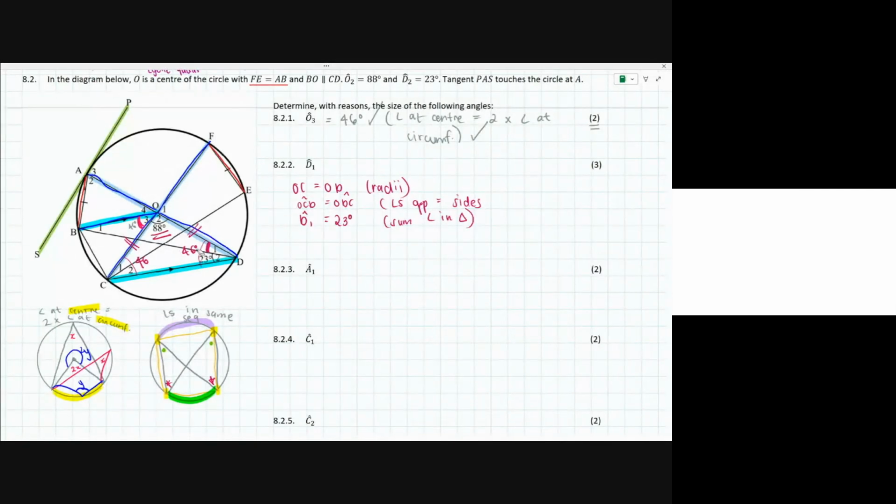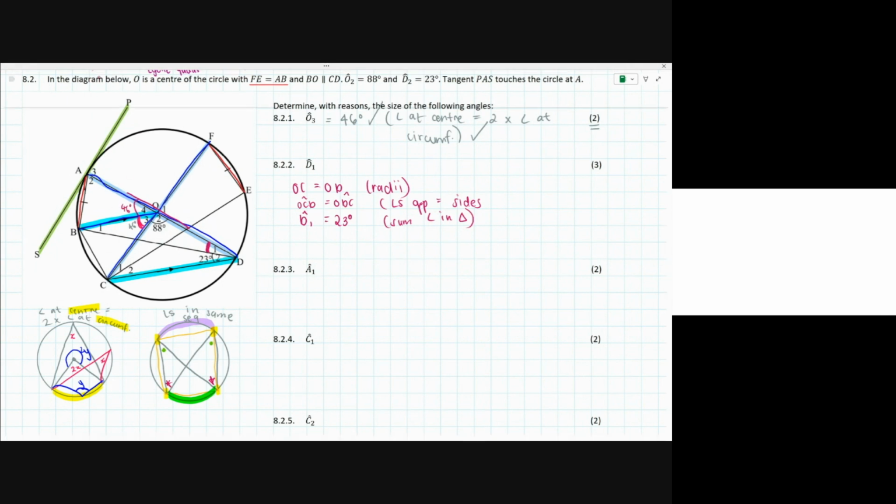Mtlati also pointed out another reason, which actually probably would have been a bit more straightforward if we just think about it. But like I said, never in a million years would I have seen it, or at least it would have taken me much longer. So option 2 is that you could have used angles on a straight line to work out what O4 was, which would give you 46.